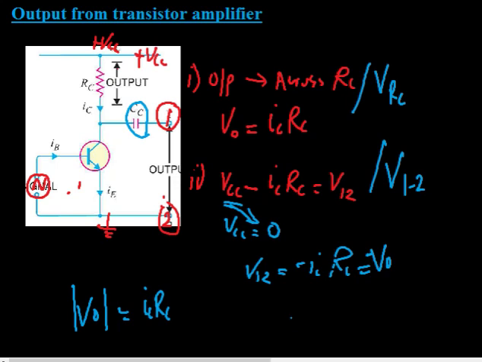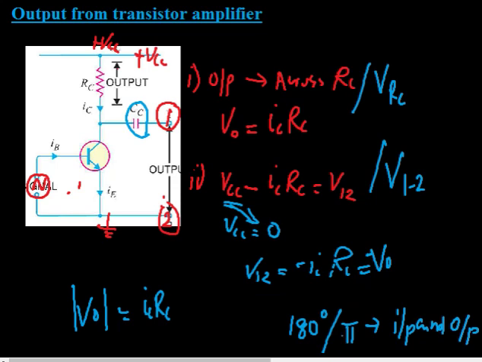The output voltage will be 180 degrees, or pi, out of phase with the input if we take the amplifier output across the terminals 1 and 2.